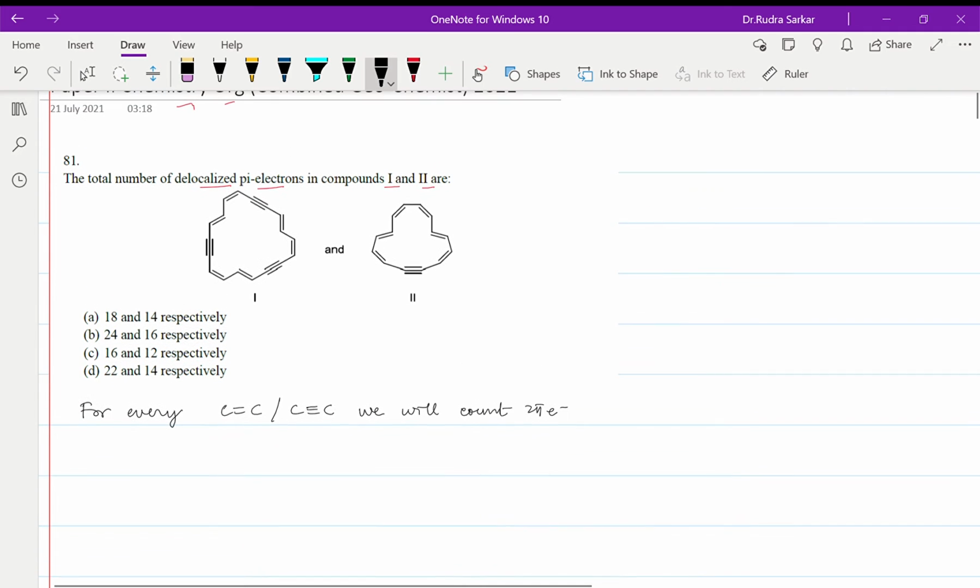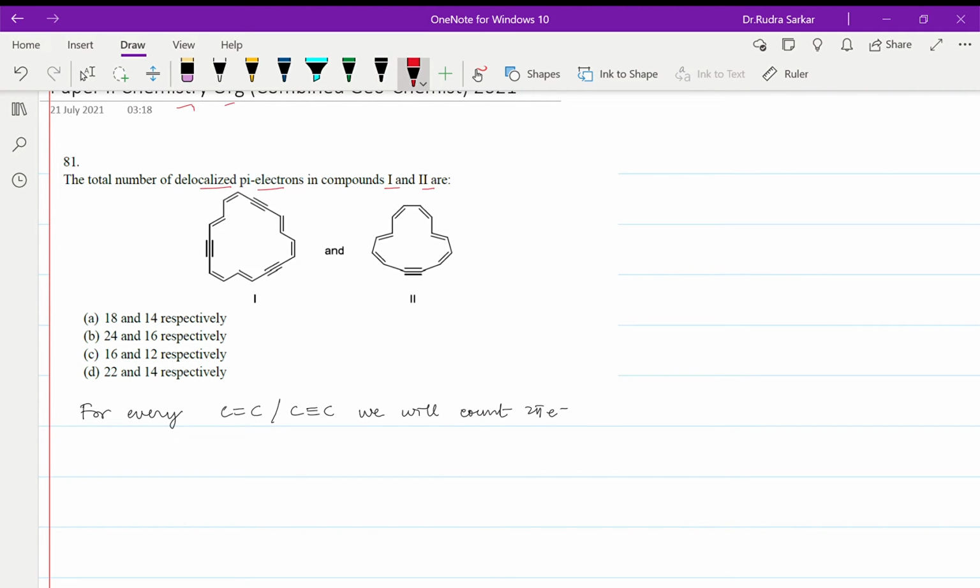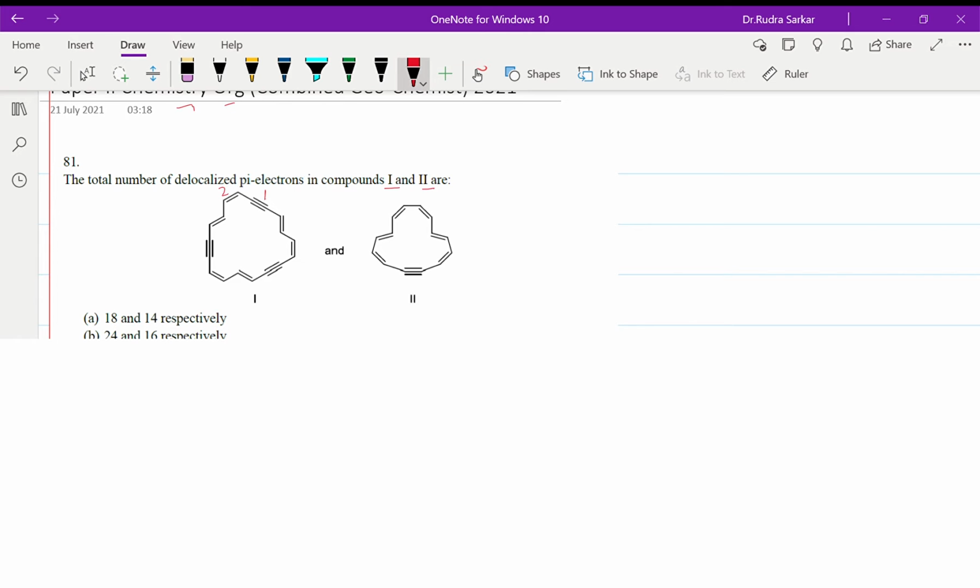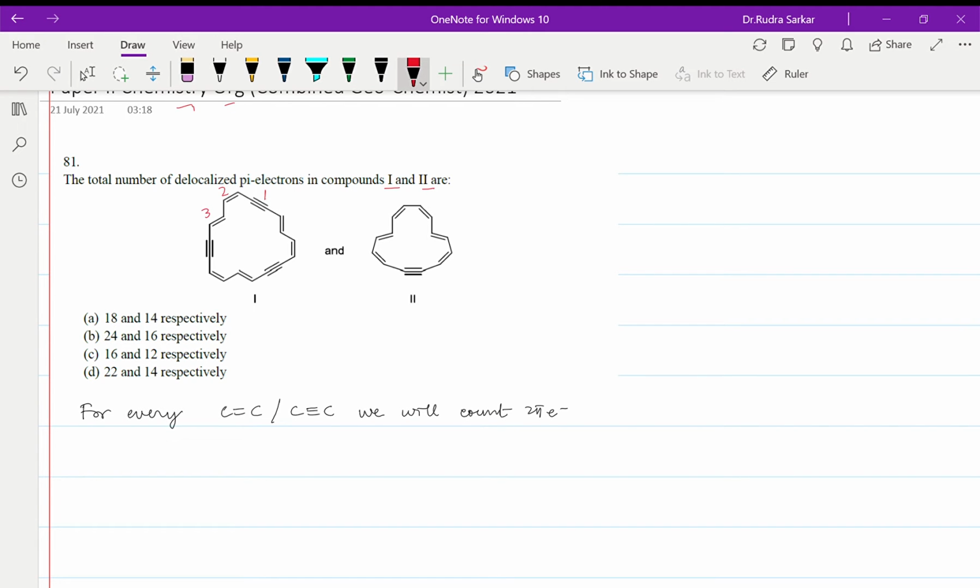So if we start numbering these unsaturated bonds, then we will say that this is 1, that is 2, 3, 4, 5, 6, 7, 8, 9, and 1, 2, 3, 4, 5, 6, 7.